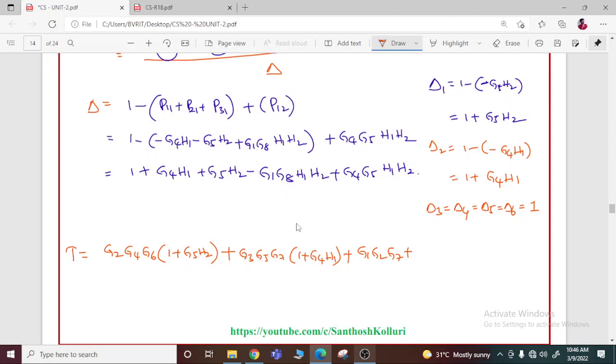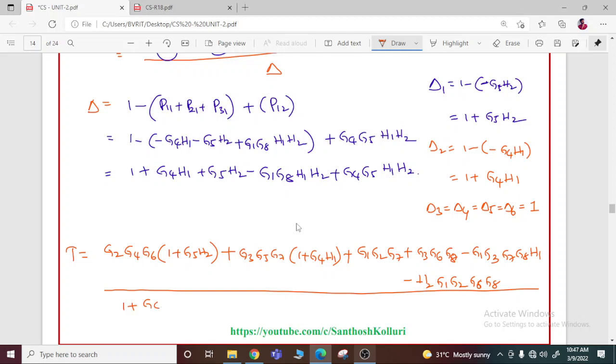So delta 4, G3, G6, G7, so G8 into 1, delta 5, sorry P5 is minus G1, G3, G7, G8, H1 and P6 minus H2, G1, G2, G6, G8, divided by the delta value 1 plus G4H1 plus G5H2 minus G1, G8, H1, H2 plus G4, G5, H1, H2. So this is the transfer function of the given diagram.